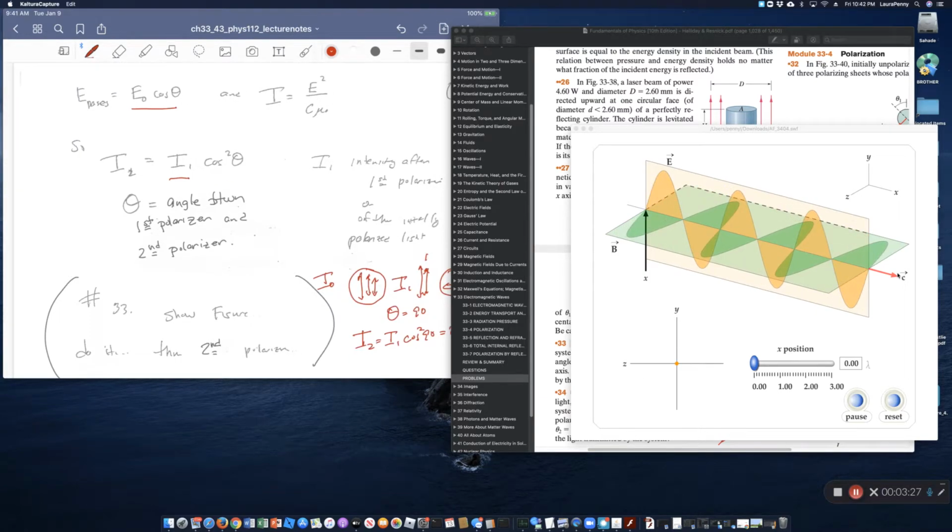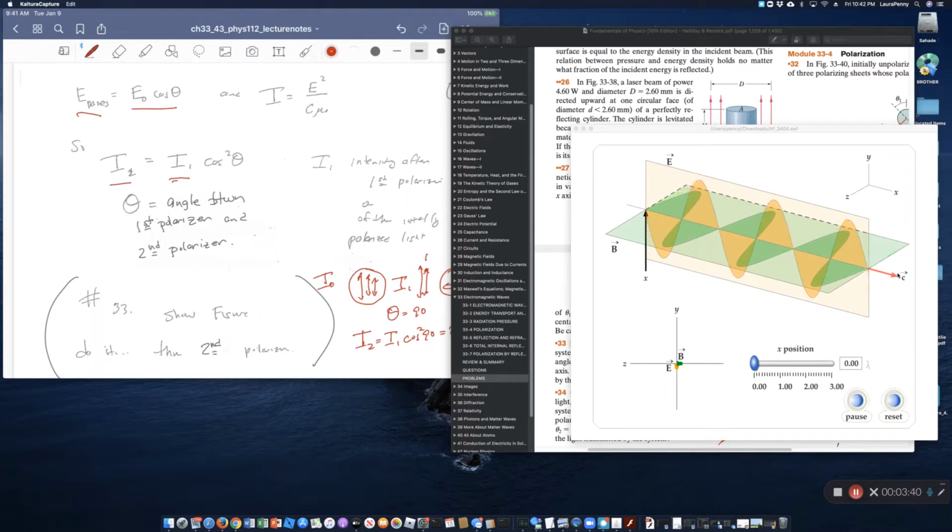And so we say the E that passes is the E0, or the E that's coming into it, times the cosine of theta. If we write this in terms of intensity, the intensity after the second polarizer is the intensity after the first polarizer times the cosine squared of this angle, where the angle is the angle between the first polarizer and the second polarizer.